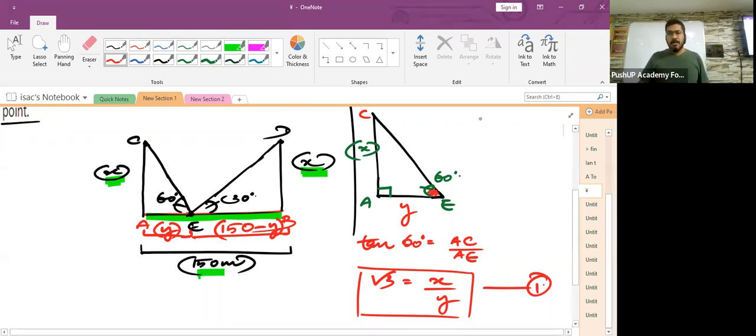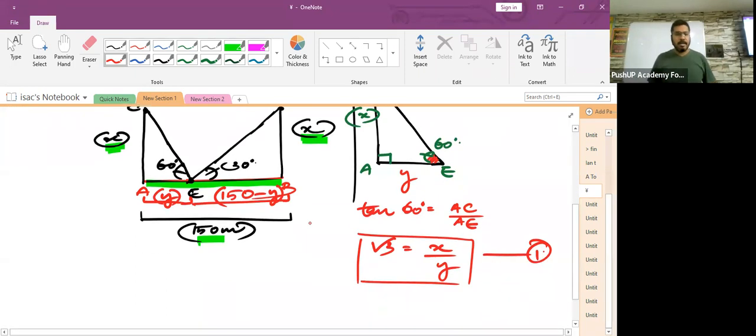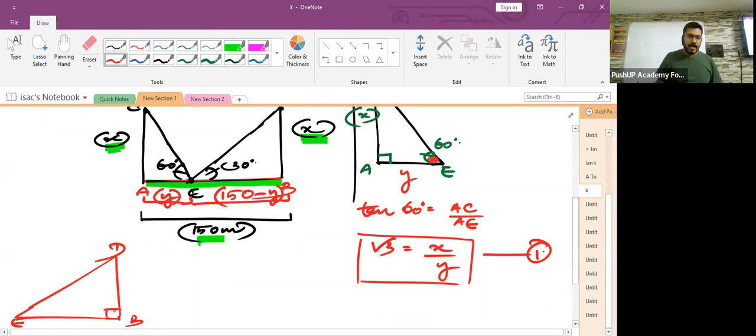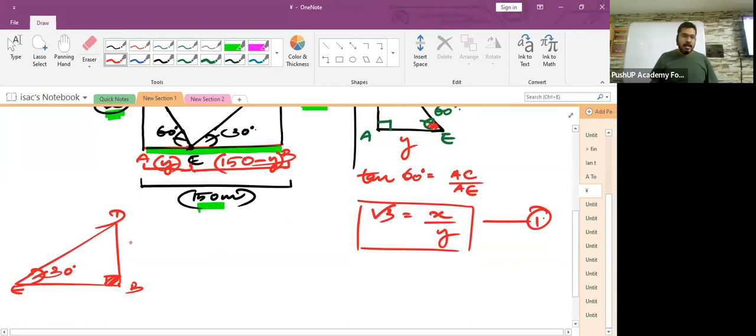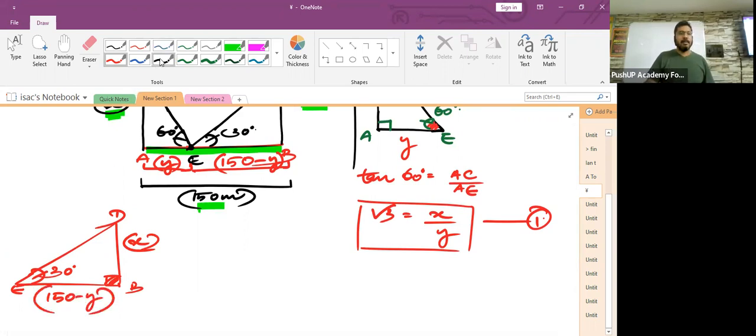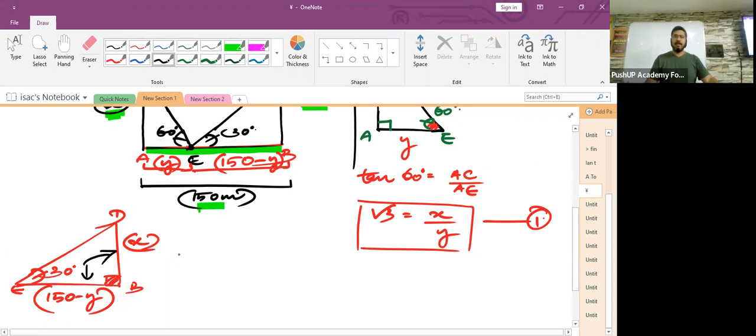Okay. Now, let's take the second right angle triangle. Which one is it? Triangle DEB. In the second triangle DEB, angle B is how much? 90 degrees. This angle is 30 degrees. Then DB is how much? X. And EB is how much? 150 minus Y. Again, which trigonometric function? I think it's the same, tan function.